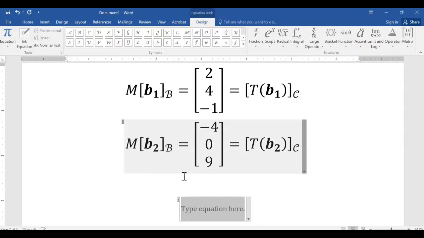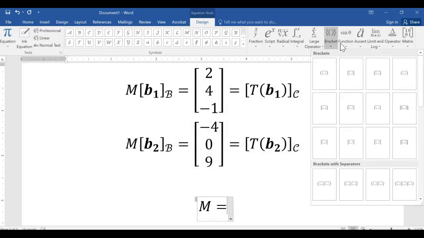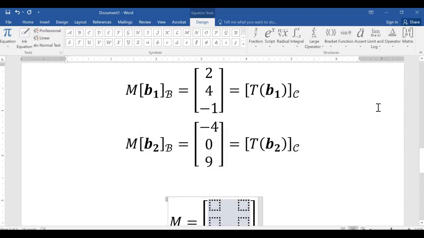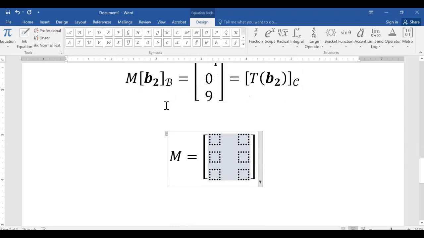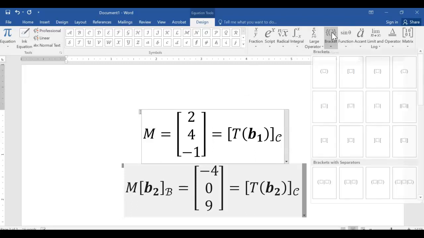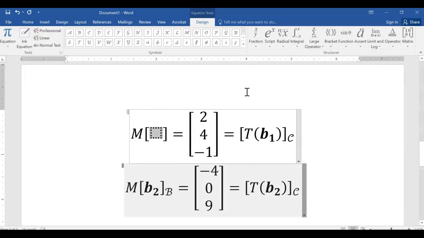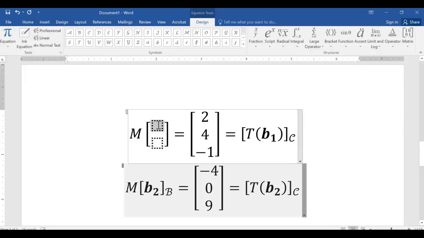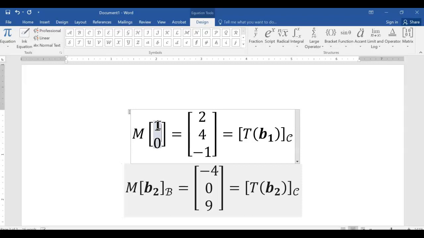And if you think about it, this matrix is easy to write down. We need it so that it multiplies the vector 1, 0 and gives me out 2, 4, negative 1.